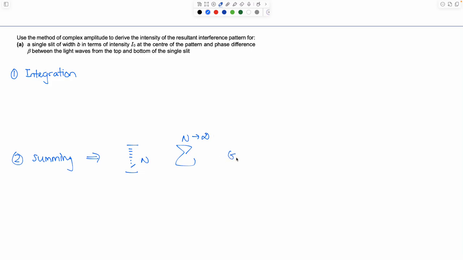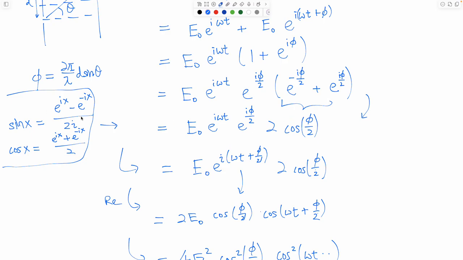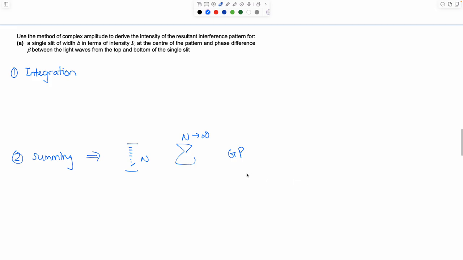Then it becomes a geometric progression, and you can use the GP formula. It might be useful to use the factoring trick and then apply the sine and cosine identities. So I'll leave this for you to work out yourselves. Okay, hope this helps.